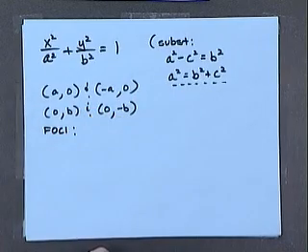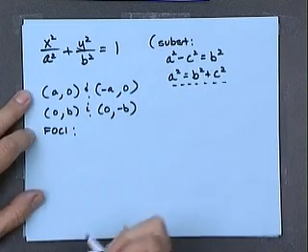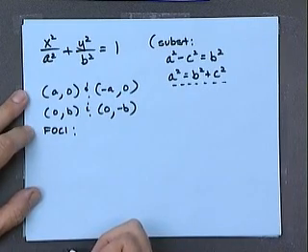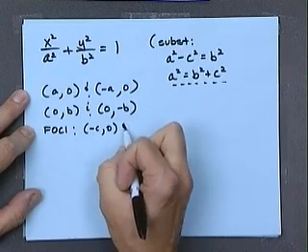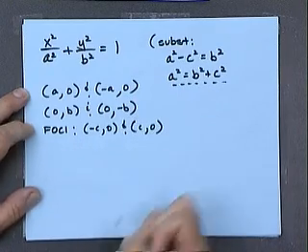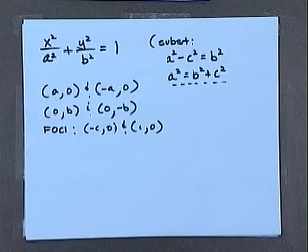And then we'll draw a little cleaner picture, do a couple of examples, and move on. What were the foci on my original diagram? Negative C, 0 and C, 0.